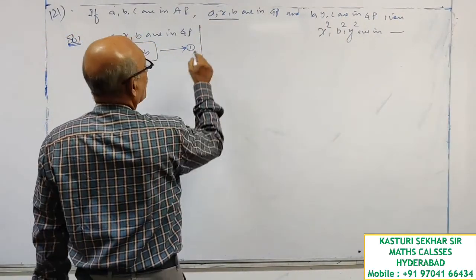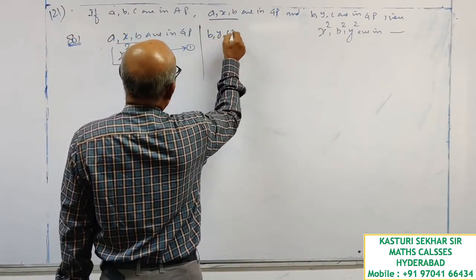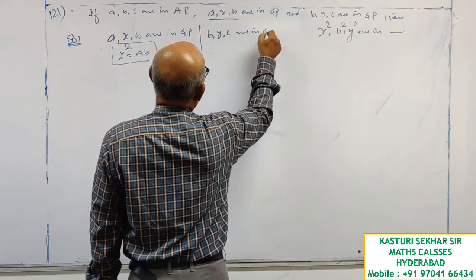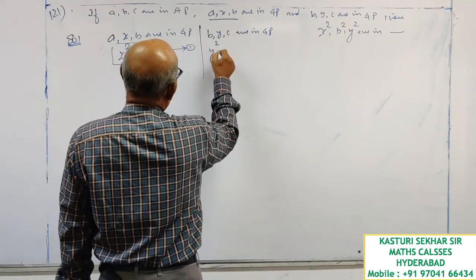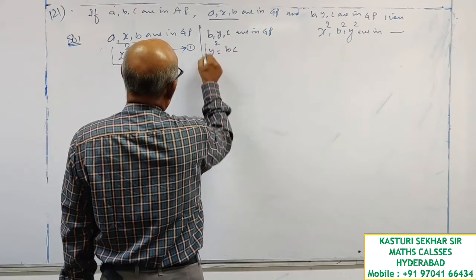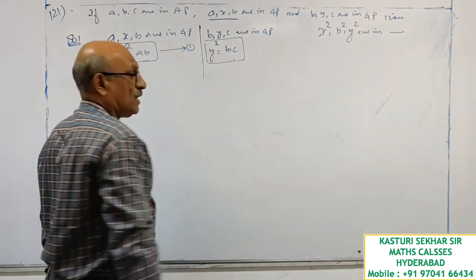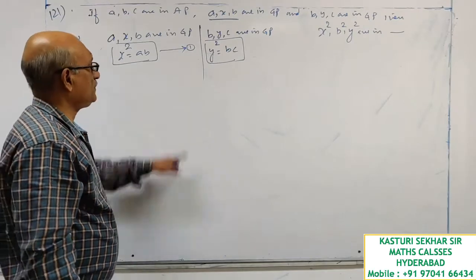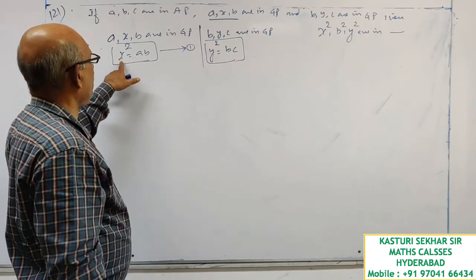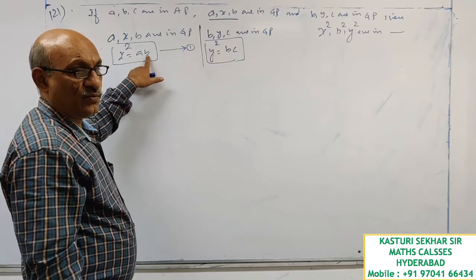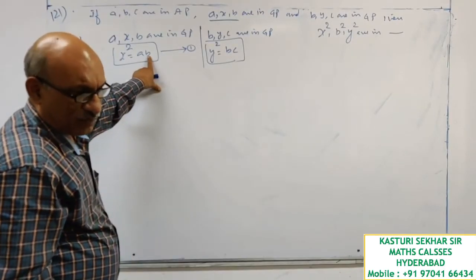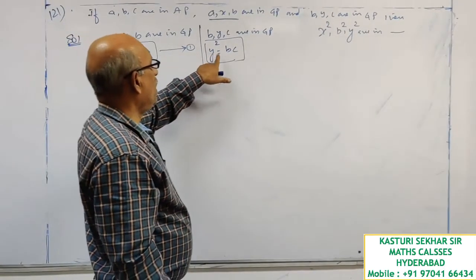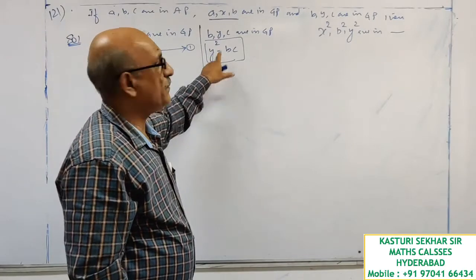Next, b, y, c are in geometric progression. Once again, y square is equal to bc. Square of the middle term is equal to the product of first and last. This way, x square and y square are converted in terms of a, b and c.